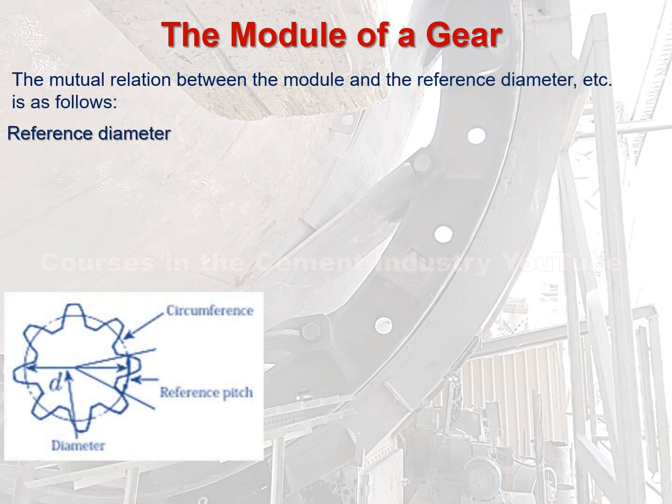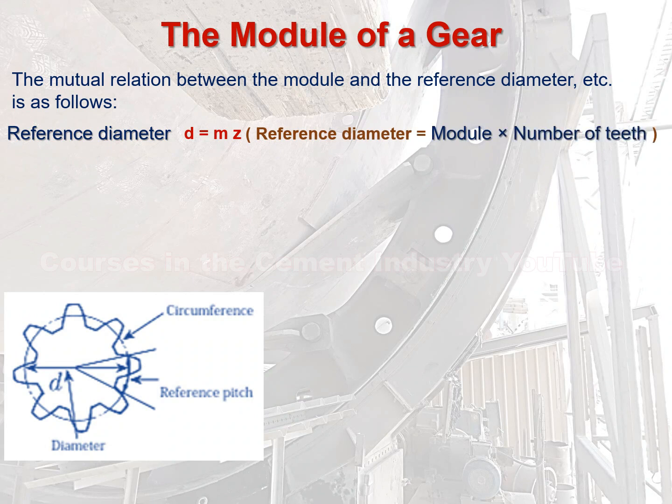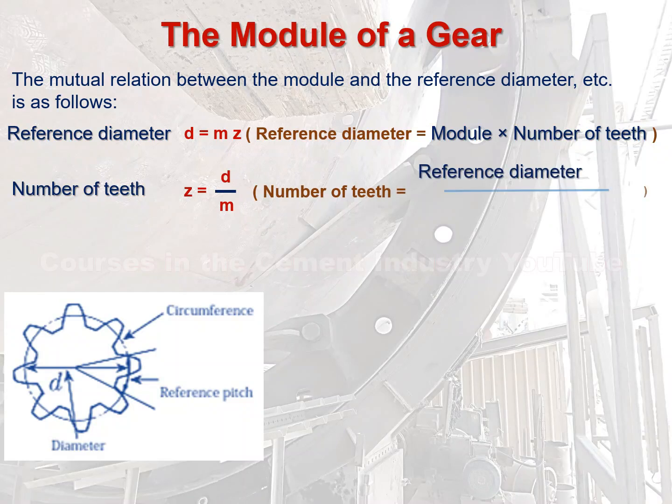Reference diameter, D equals M multiplied by Z. Reference diameter equals module multiplied by number of teeth. Number of teeth, Z equals D over M. Number of teeth equals reference diameter over module.